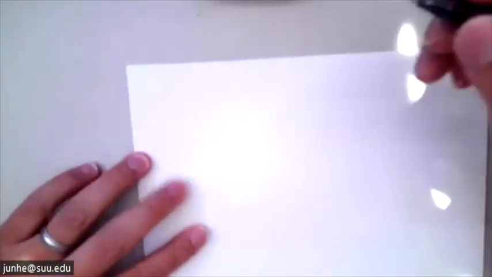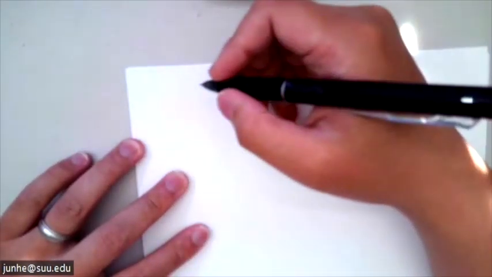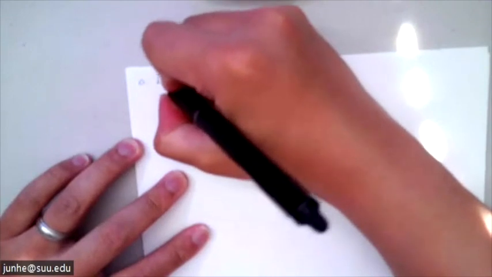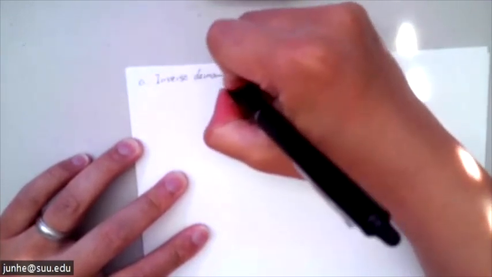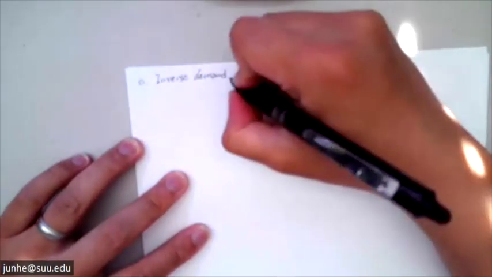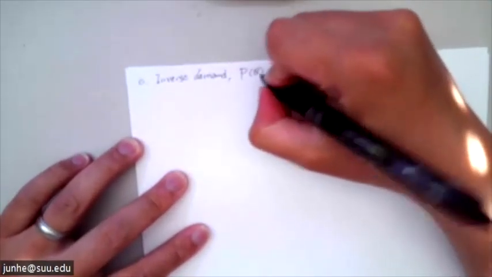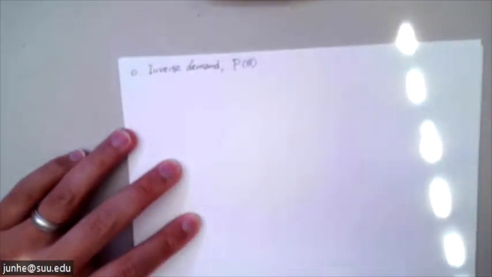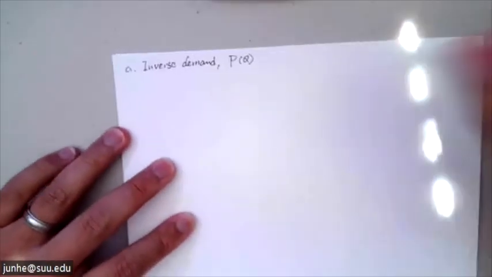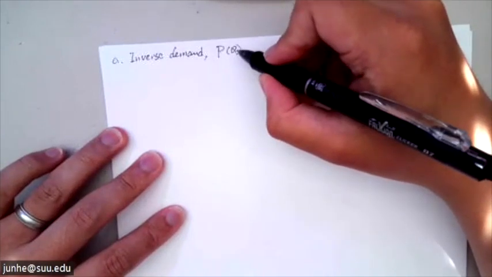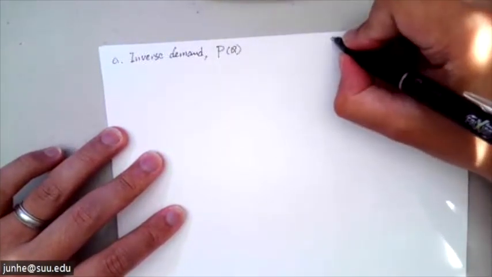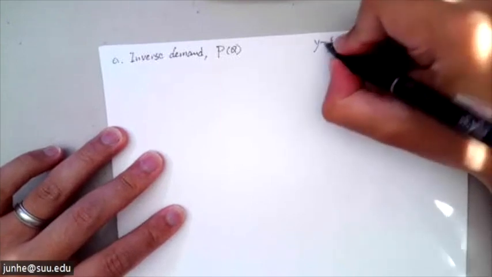Here the first question is we are to find inverse demand. Here it's put as P parenthesis, and inside of the parenthesis is Q. That is to say, here we should express P as a function of Q. It's like f(x), y equals f(x).